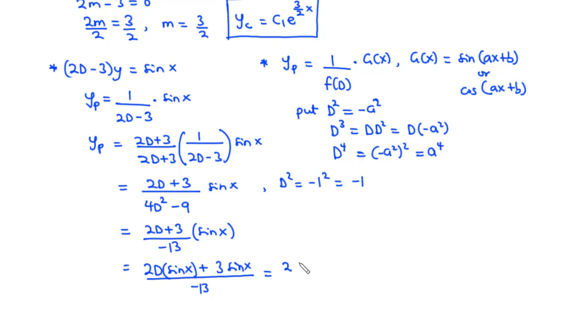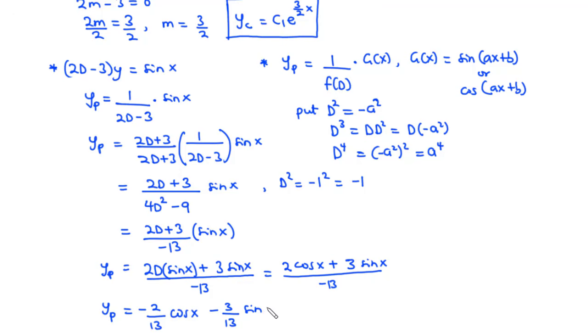So that becomes 2 times cos x plus 3 sine x, all divided by negative 13. Therefore, we have yp to be equal to negative, because of the denominator we have here, which is a negative value. So negative 2 over 13 times cos x, and then minus 3 over 13 sine x. So this is the particular integral.